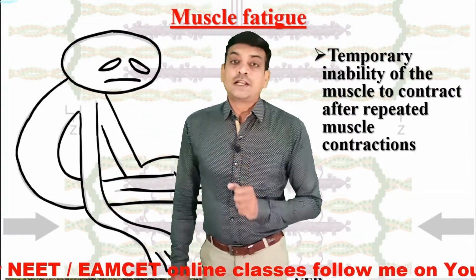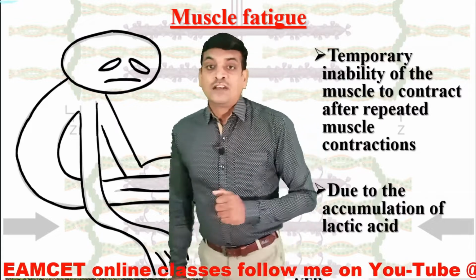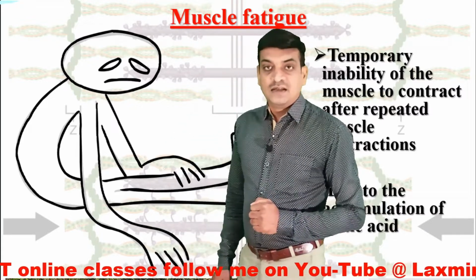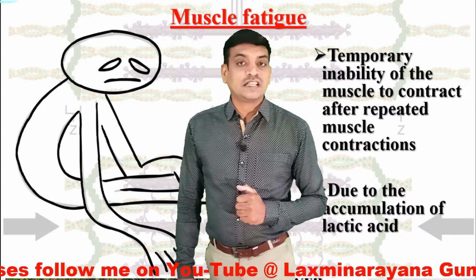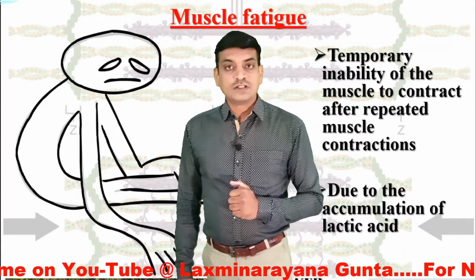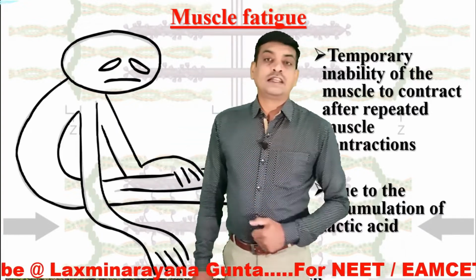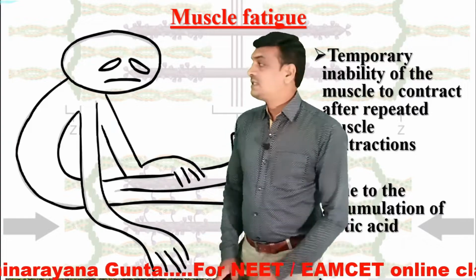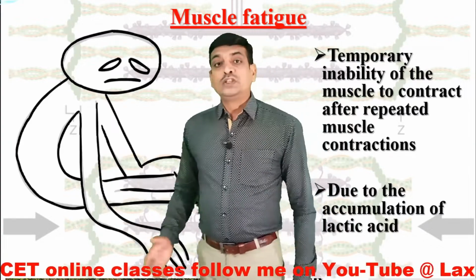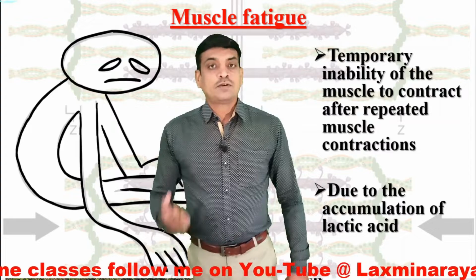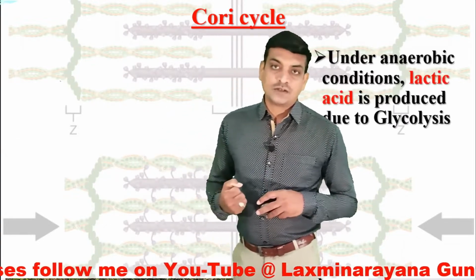It is because of the accumulation of lactic acid inside the muscles. How is this lactic acid accumulated? What happens to the muscle? And how does this muscle contract again after some time? Let us observe this. During strenuous exercise, our muscles repeatedly contract.